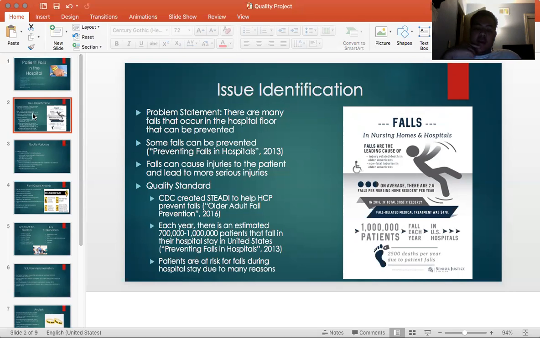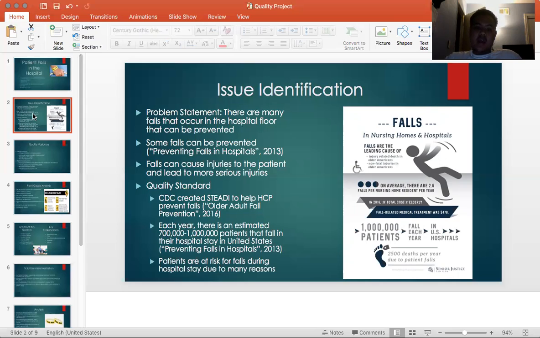In my hospital, last year we had a total of about 25 falls, which was an improvement from the year before. We've been doing interventions and using evidence to help lower and minimize the falls.